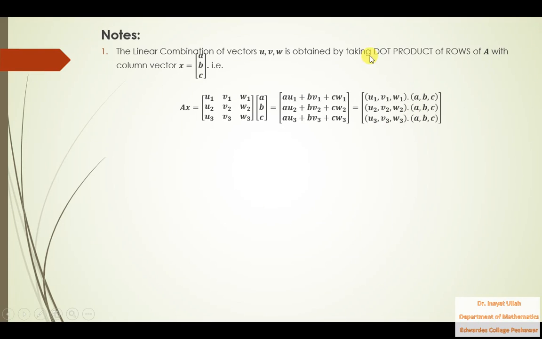This statement means that it is the dot product of rows of A, the first row, the second row, the third row, with the column vector (a, b, c). So remember this statement, okay?